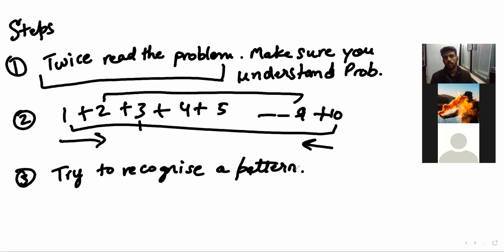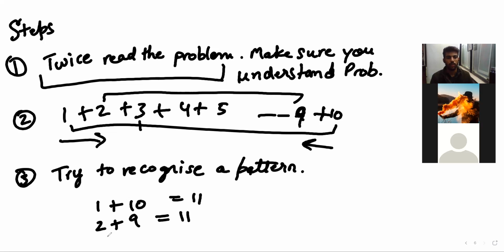It's not necessary that you would definitely find a pattern in every problem, but most of the time DSA problems require you to find a particular pattern. If you practice these three things, I'm not giving you a guarantee, but most of the time you would be able to recognize a pattern. That's basically what we did here. We started from left and we started from right, and we figured out that we are getting a pattern.